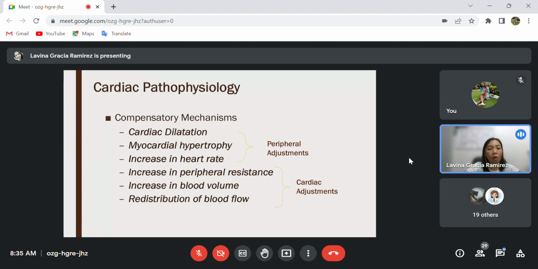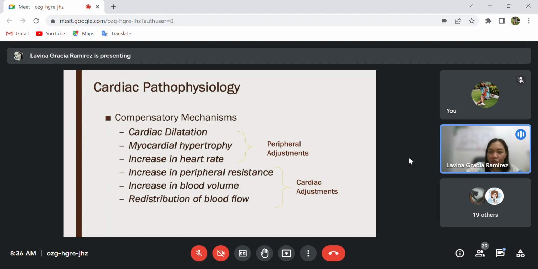So these three are very evident. Makikita naman yan through radiology, tapos you can assess during the vital physical assessment, especially sa increased heart rate, kaya nga dapat you are familiar with the heart rates ng mga animals. Myocardial hypertrophy can be seen through assessment sa visualization, and cardiac dilatation.